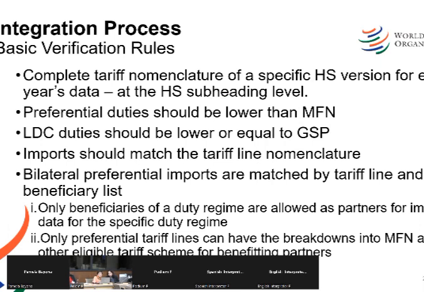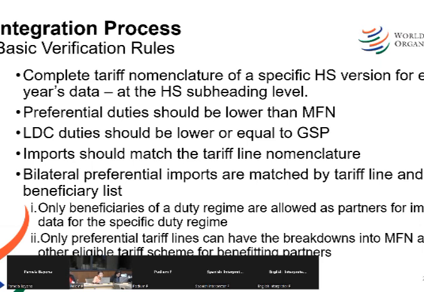Again, similar to what Rowena mentioned in terms of verification, we need to have the complete tariff nomenclature. So chapters 1 to 97 and all the subheadings should be present based on a specific HS version. Preferential duty should be lower than MFN. So it cannot be equal. If it's equal, then it reverts back to just being the MFN.